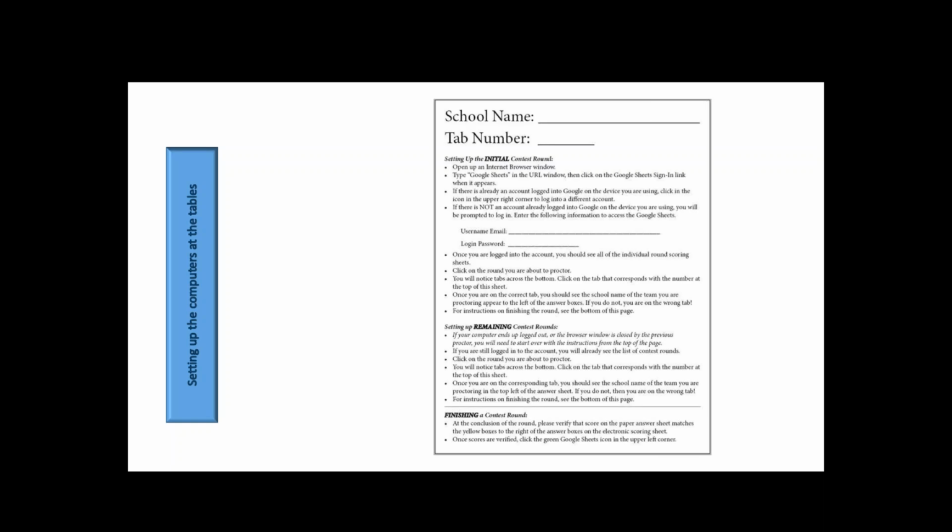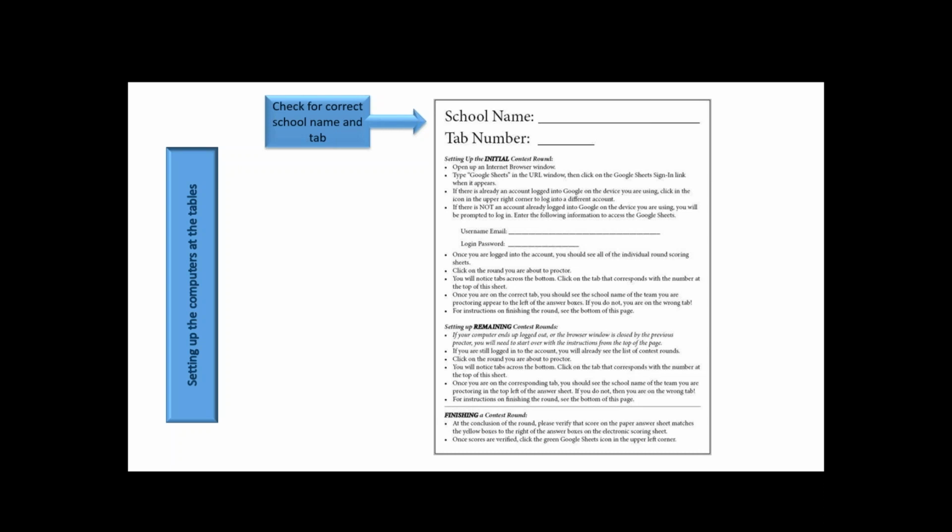So, first of all, you'll have a handout at your table that looks like this. And you need to check to see if you were at the right table by looking at the sheet and in the table shown at the right. Now, we will have the host write down the name of the school, and they will write down a tab number for you.